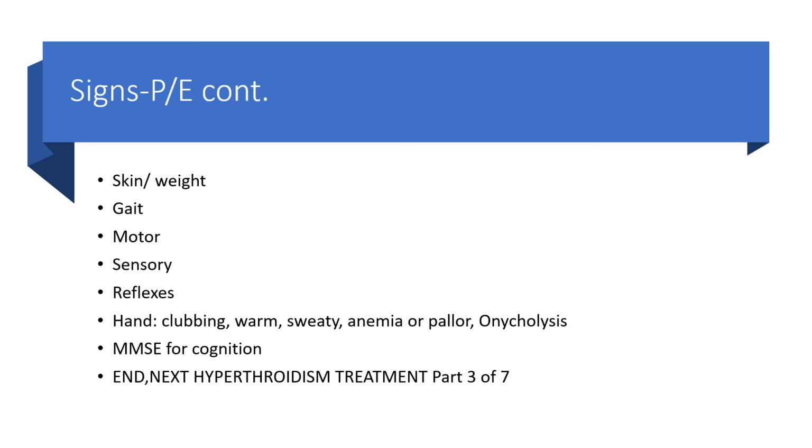So the hand will serve as the window to the entire system of the patient. So finger clubbing, either warm or sweaty, could see anemia in form of pallor, onycholysis, check the nail bed and the nail. Mental state, because we want to rule out cognitive impairment.